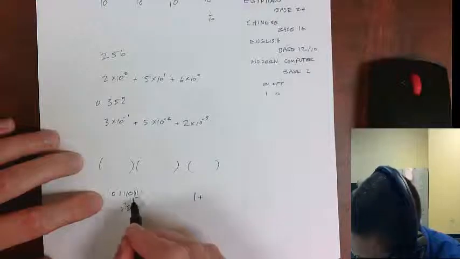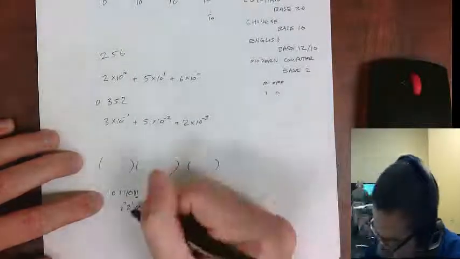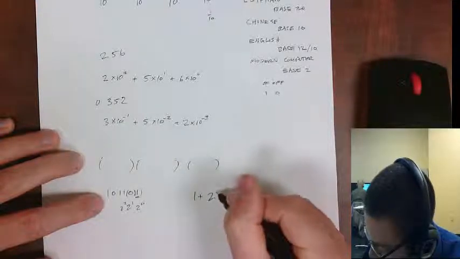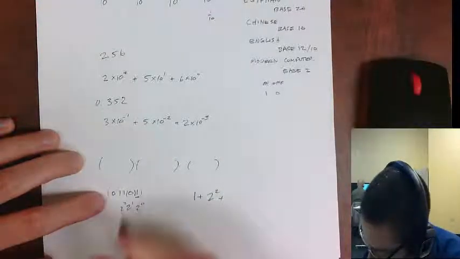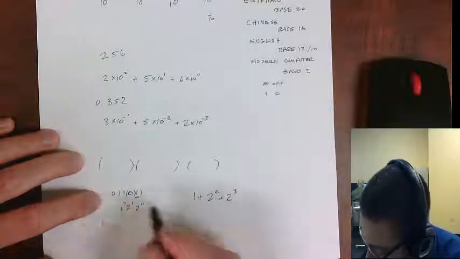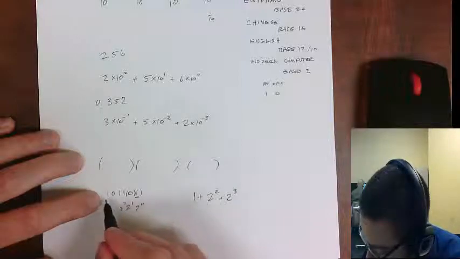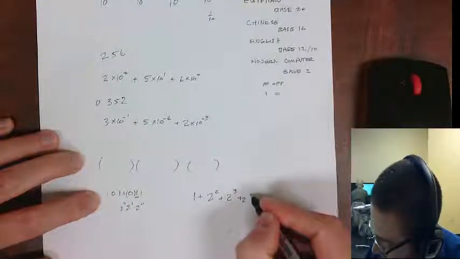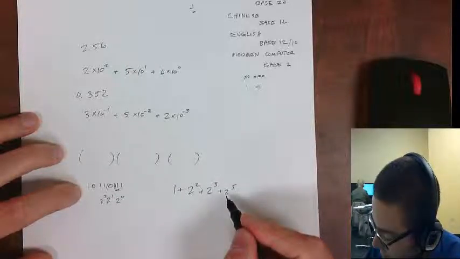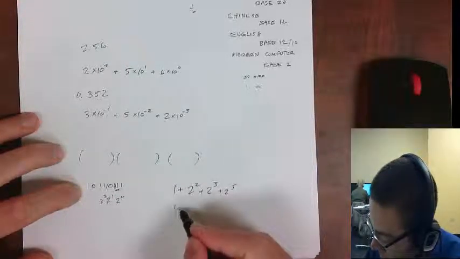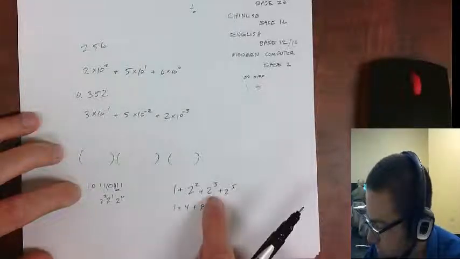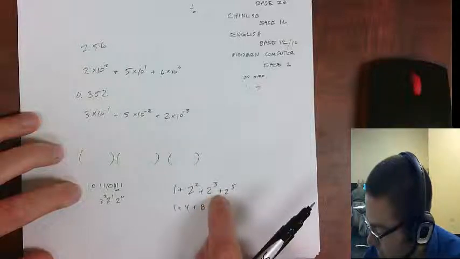Plus, we have no 2 to the first place. We have a 2 squared, and then we have a 2 cubed, and then we have no 2 to the fourth, but we have a 2 to the fifth. Okay, so this is 32. This is 1 plus 4 plus 8 plus 32.